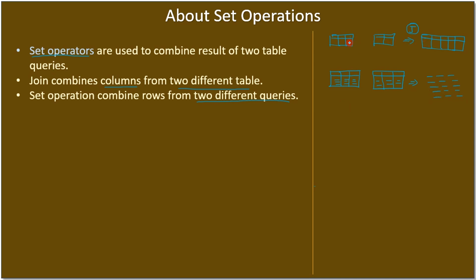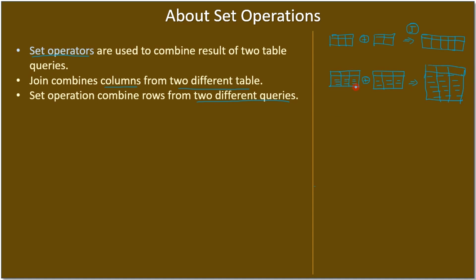In the previous case, we combined the columns, but here we are combining the rows. Three rows from one table and two rows from another table, and the columns still hold the same three columns.